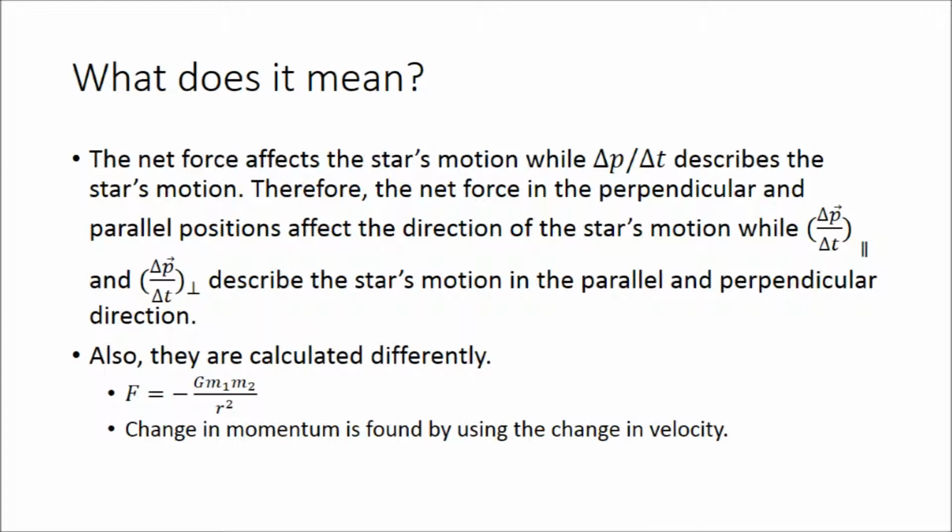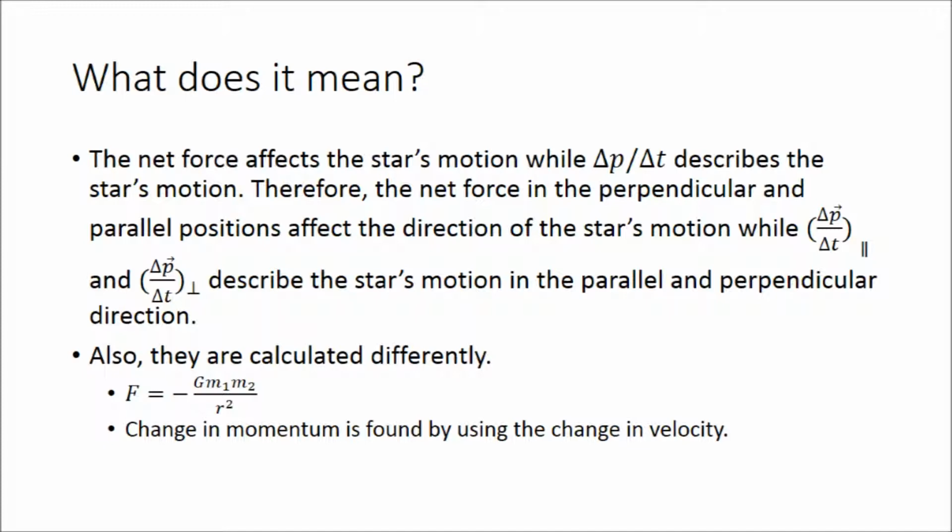What does it mean? I was asked to discuss how the net force overall, perpendicular and parallel, are different from dp/dt overall, perpendicular and parallel. Well, the net force affects the star's motion, while dp/dt describes the star's motion.